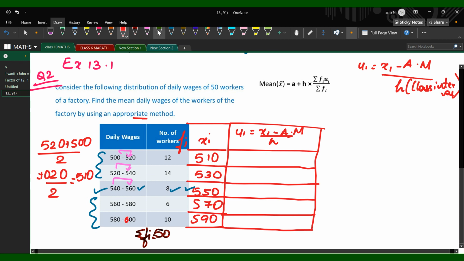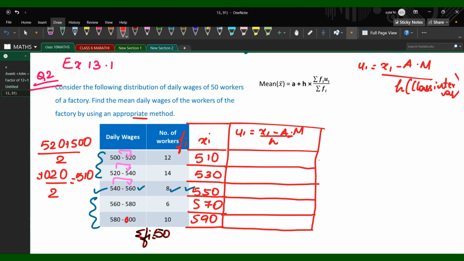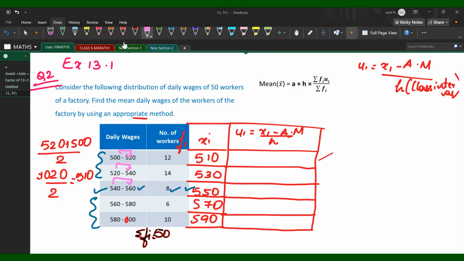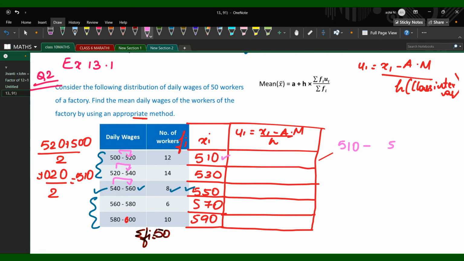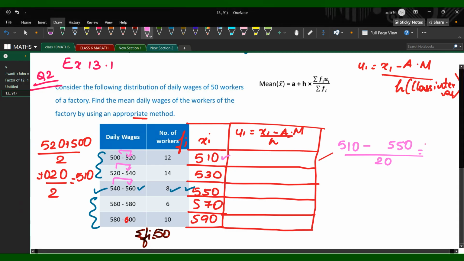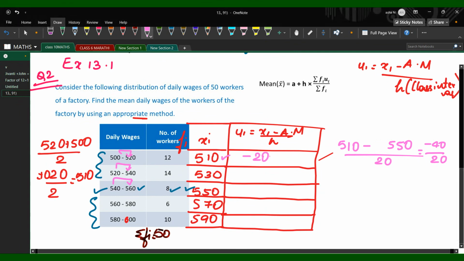Okay, we need to calculate u_i, outside the bracket only. Let me try doing the first one now. u1 is equal to x1, which is 510, minus the assumed mean, 550, upon the class interval, 20. That gives minus 40 upon 20, which is minus 2, not minus 20.